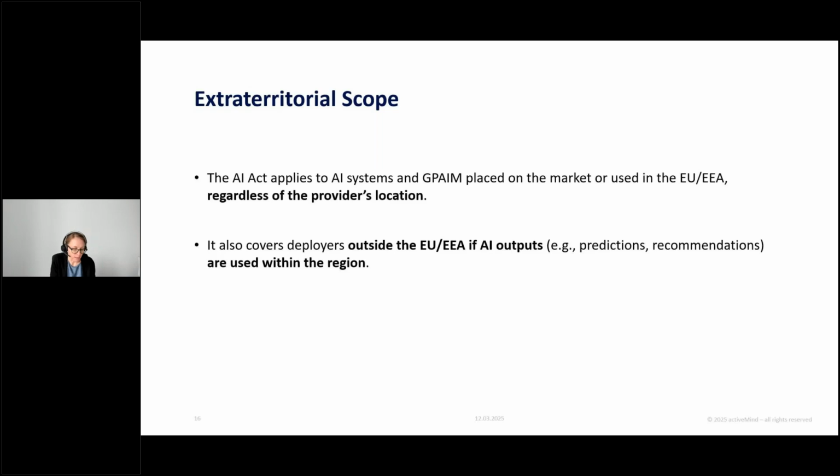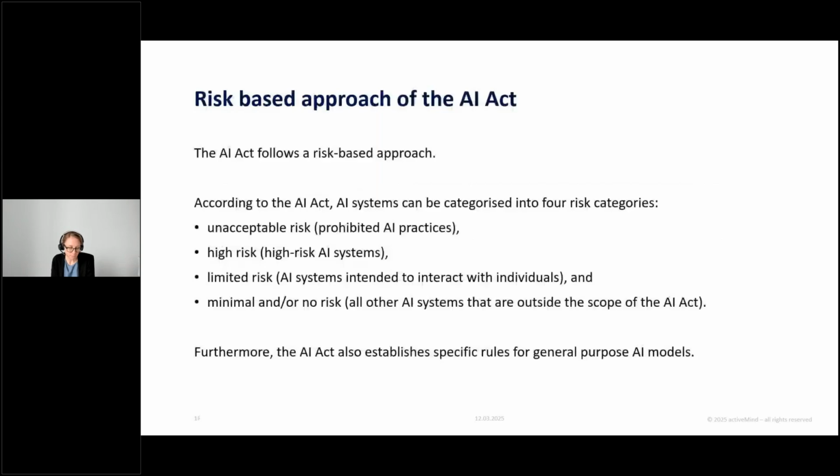As I mentioned before, the AI Act has a risk-based approach. According to the AI Act, AI systems or technologies can be categorized into 4 risk categories. There is an unacceptable risk, and if the system falls within this area, it's actually called prohibited AI practices and may not be placed on the market.